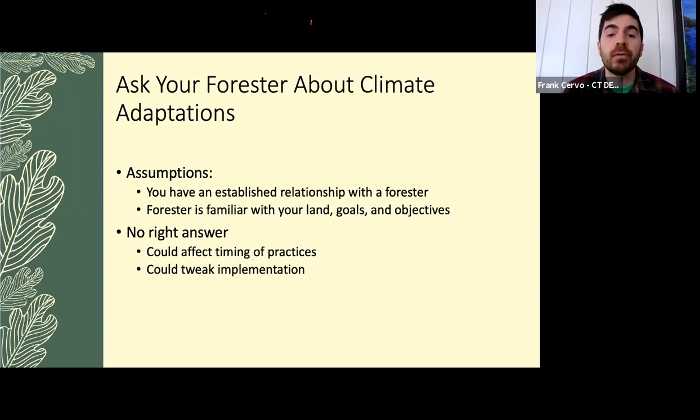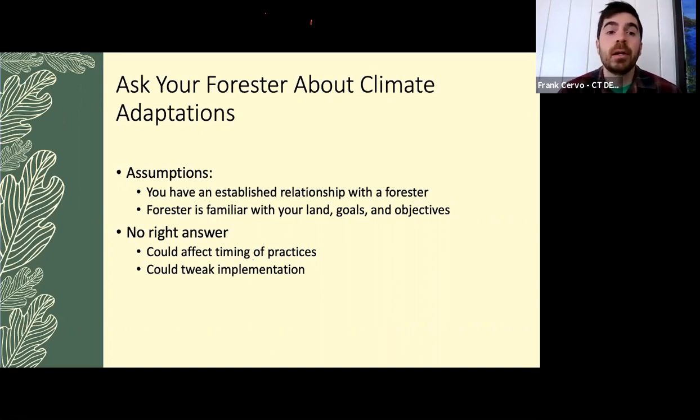And so to start off here, we're kind of assuming that you've reached a point where you already have an established relationship with the forester, and they're familiar with your land, they're familiar with you and your goals and objectives, and they have a really good understanding, and you've already begun to talk and work with that forester on your property.